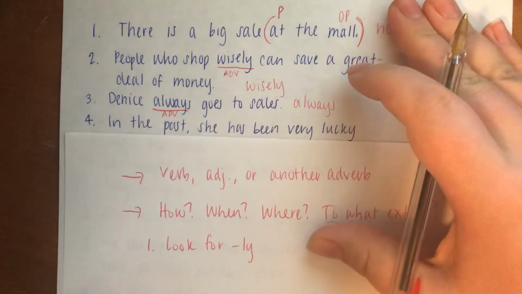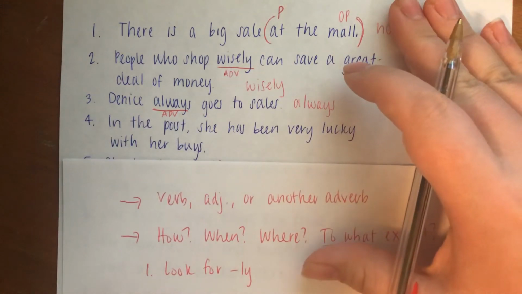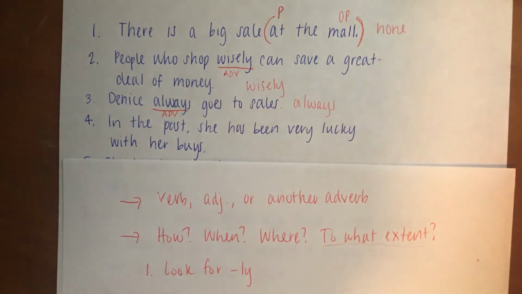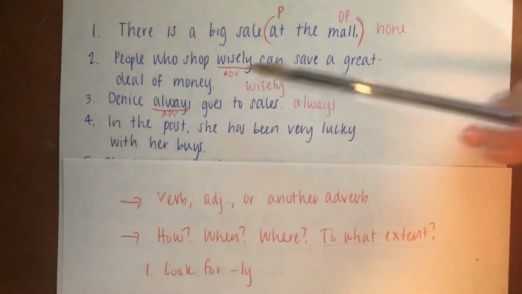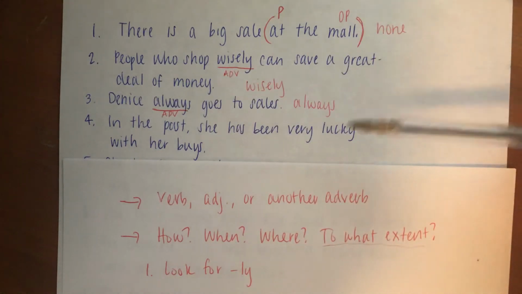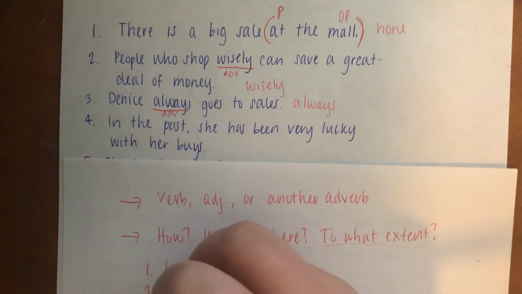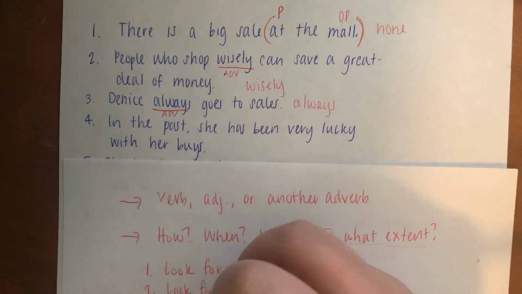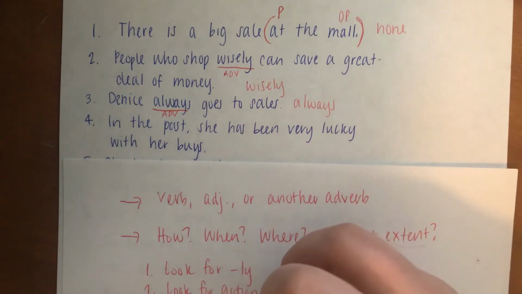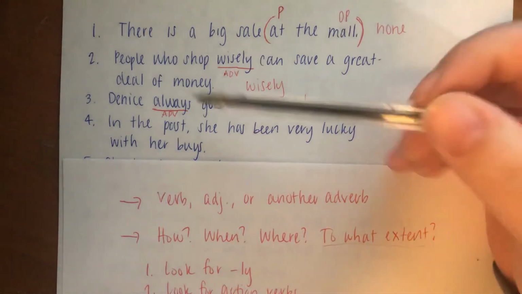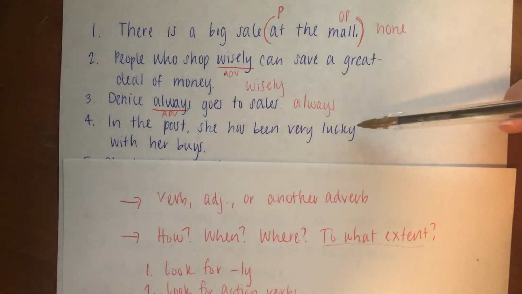Number 4. In the past, she has been very lucky with her buys. Here we can see that there are no ly words. So then the second thing we do is look for action verbs. There are no action verbs in this sentence.